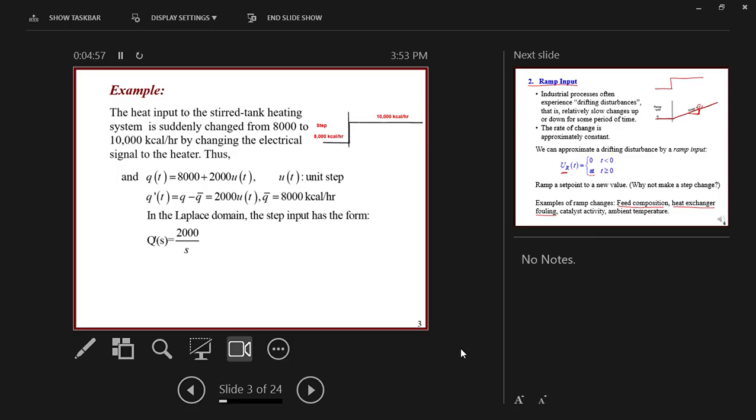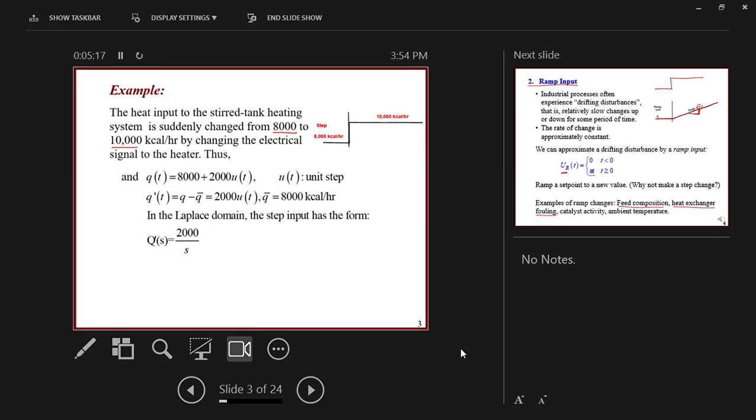Now let's take an example of the step change input. Here the heat input to a stirred tank reactor heating system is suddenly changed from one value, 8,000, to another value, 10,000 kilocalorie per hour. This is done by changing the electrical signal to the heater.